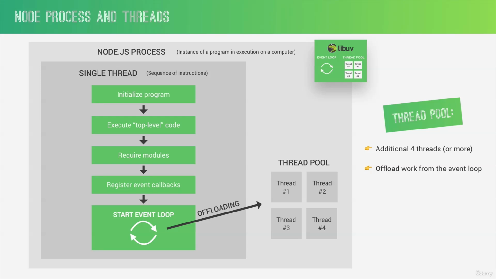Now, the expensive tasks that do get offloaded are all operations dealing with files, everything related to cryptography, like hashing passwords, then all compression stuff, and also DNS lookups, which basically matches web domains to their corresponding real IP addresses. So this is the stuff that would most easily block the main thread. And so Node takes care of automatically offloading them into the thread pool, where they don't block our event loop. And that is the most important thing that I want you to retain from this video, alright?